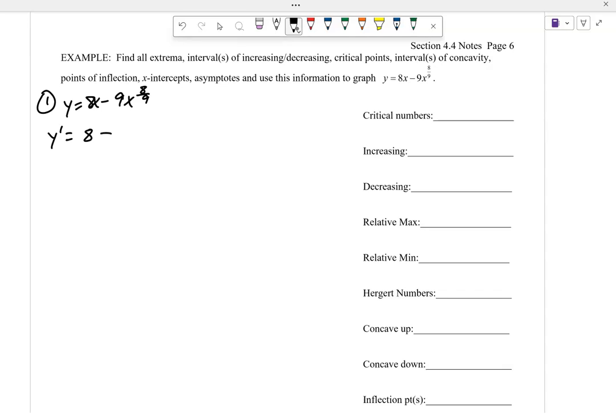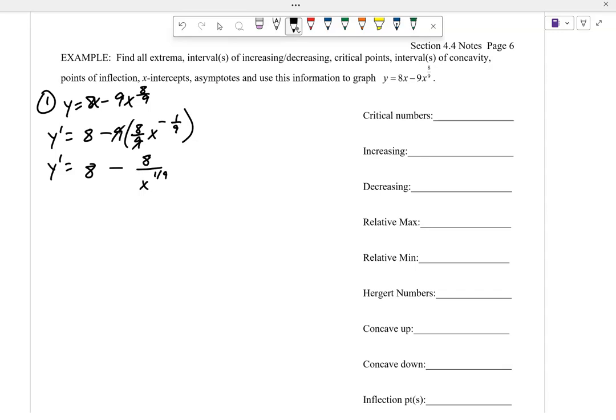So we got 8 minus 9 times 8/9 x to the 8/9 minus 9/9, so negative 1/9. Most of those ninths cancel there. So the first derivative is 8 minus 8 over x to the 1/9, or the ninth root of x.